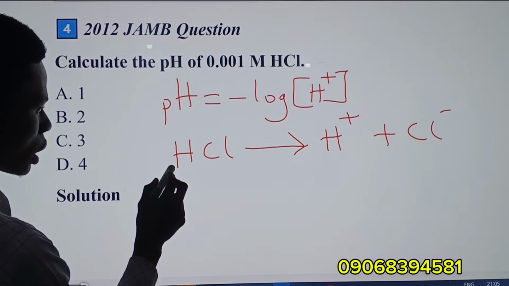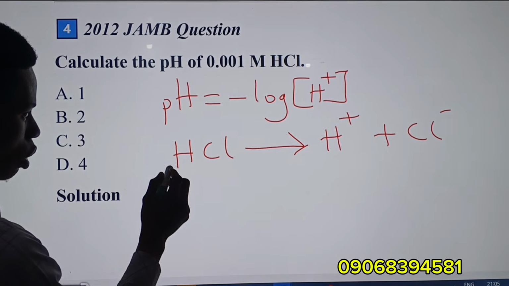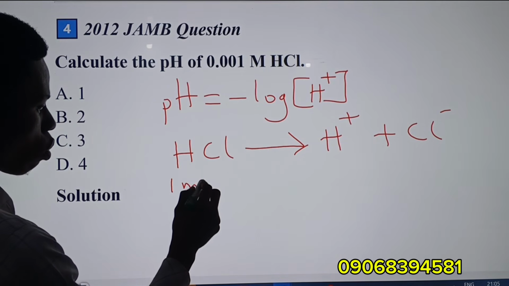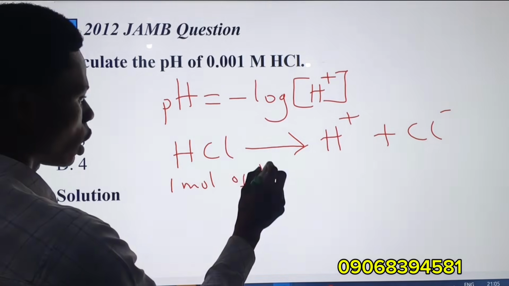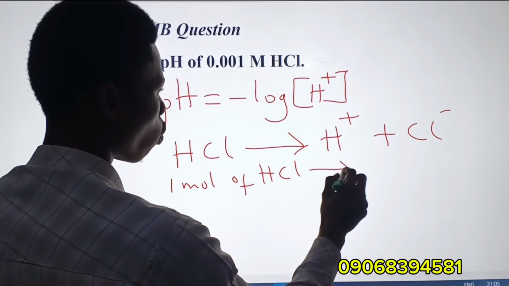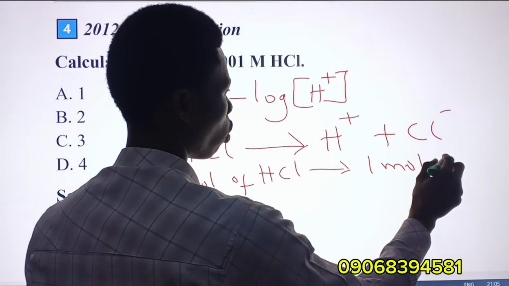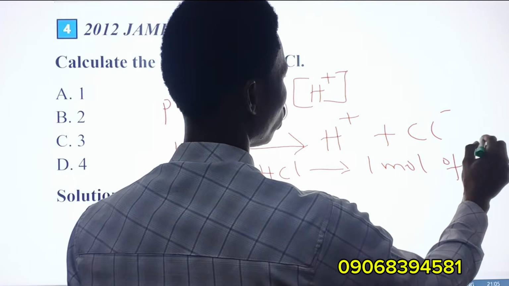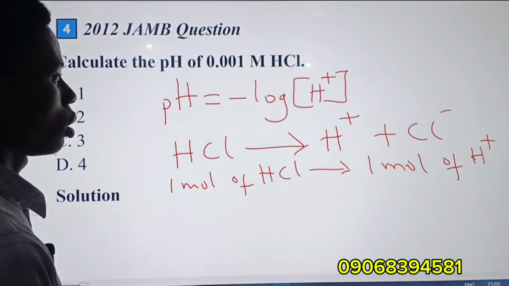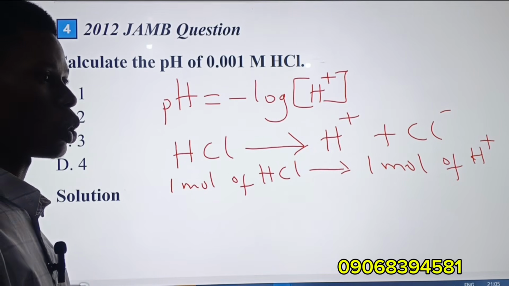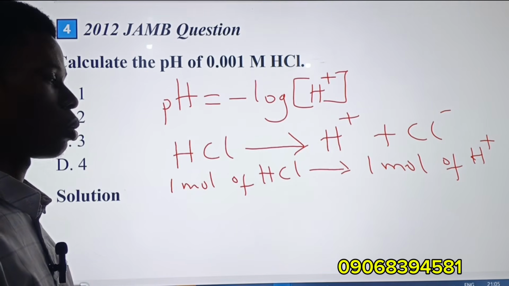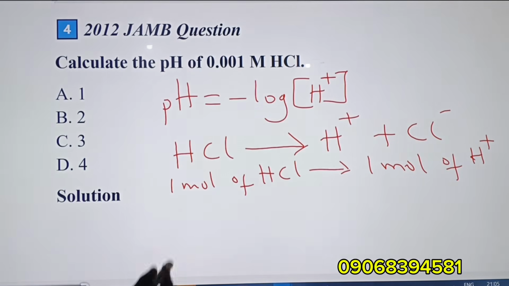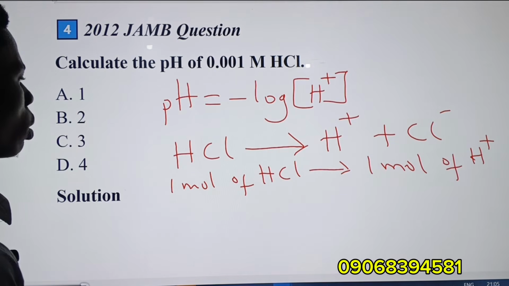So you can see the stoichiometry: 1 mole of HCl will give 1 mole of hydrogen ion. So 1:1, unlike sulfuric acid, where you have 1:2. I pray we'll meet the equation like that so you understand what I'm talking about.